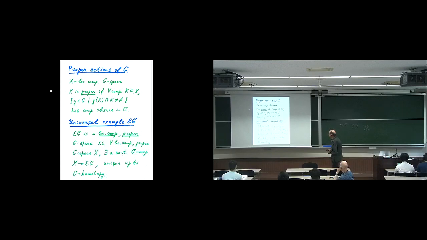You don't have compact sets which have non-empty intersection for a sequence of elements of the group which go to infinity in the group. All these intersections become empty outside of a compact subset in the group.